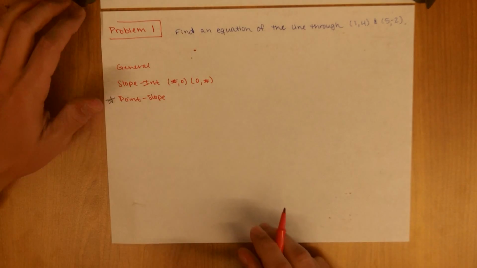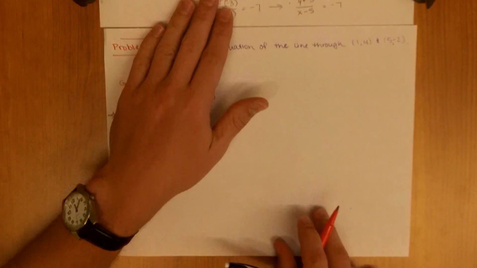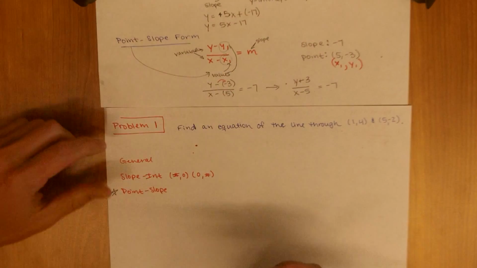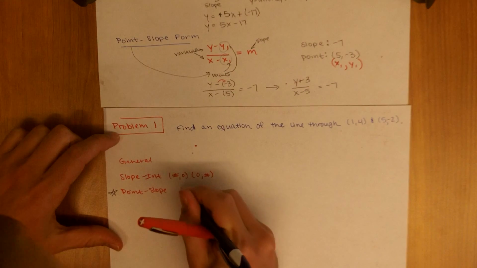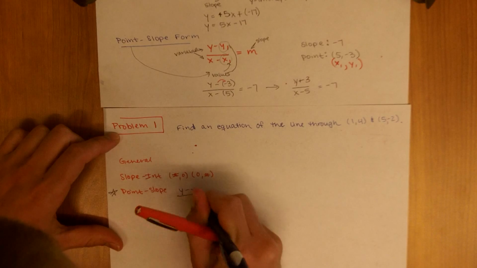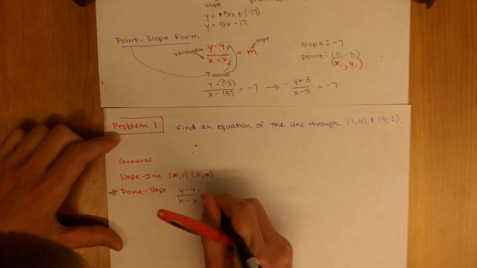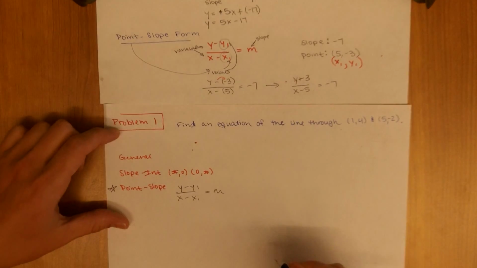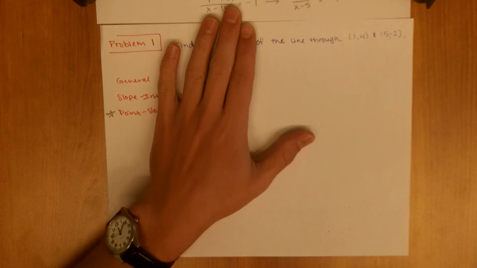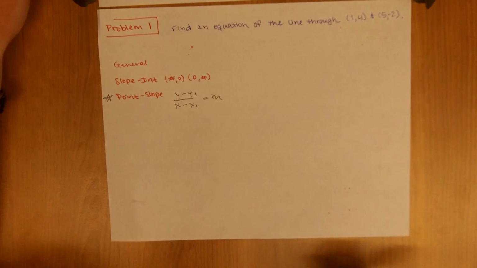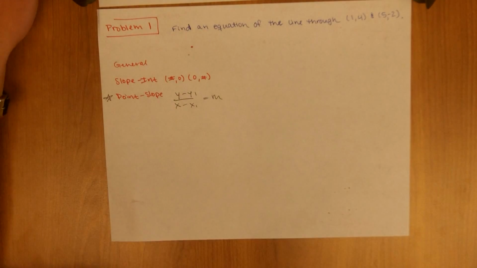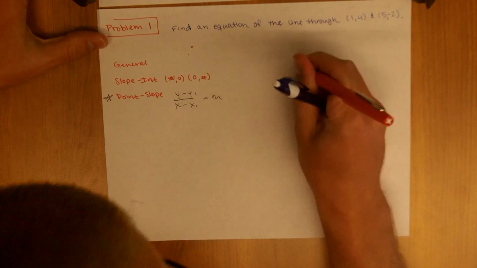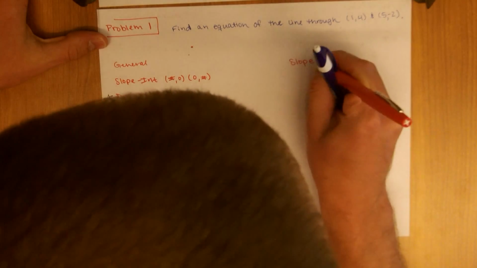So looking back at what our notes had, point-slope form is y minus y1 equals m times x minus x1, where m is the slope. So let's try to figure this out now. Let's try to find what m is actually. So our slope.